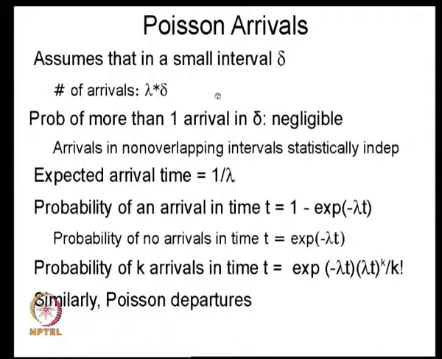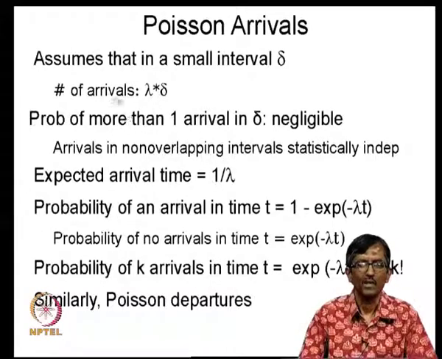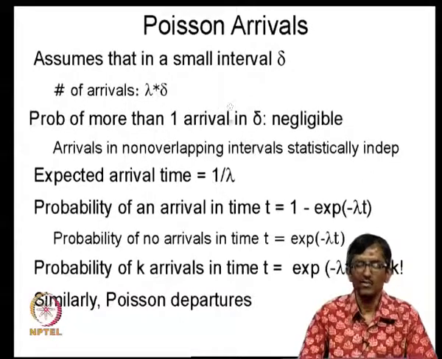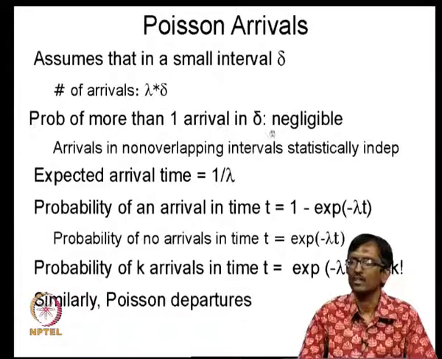Oftentimes we assume what are called Poisson arrivals. I will not go too much into details, but essentially it means that there is a rate at which arrivals come and every arrival is independent of the previous one. There is no correlation. If you take a small interval delta, with arrival rate lambda, the probability of an arrival in that interval is lambda times delta, and the probability of more than one arrival is negligible.